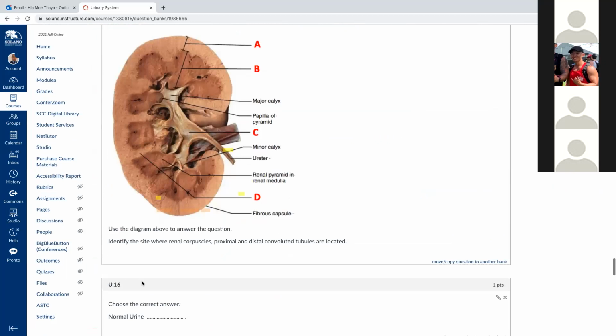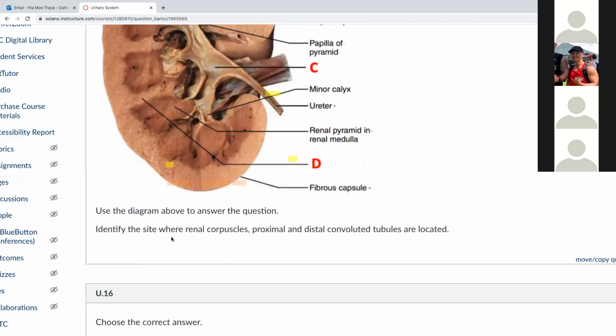So, identify the site where the renal corpuscle, proximal and distal convoluted tubules are. These are parts of the nephron. Renal corpuscle means the glomerular capsule or Bowman's capsule plus the glomerular capillaries, a combination which is part of the nephron, along with the proximal and distal convoluted tubule.